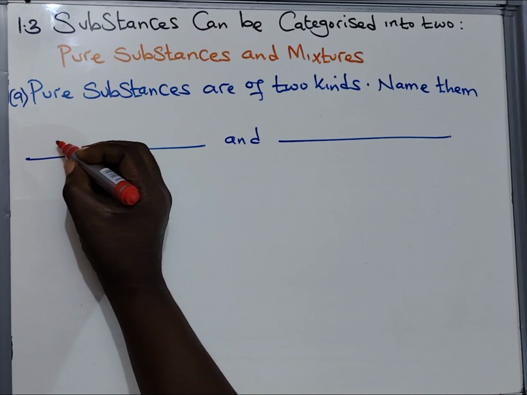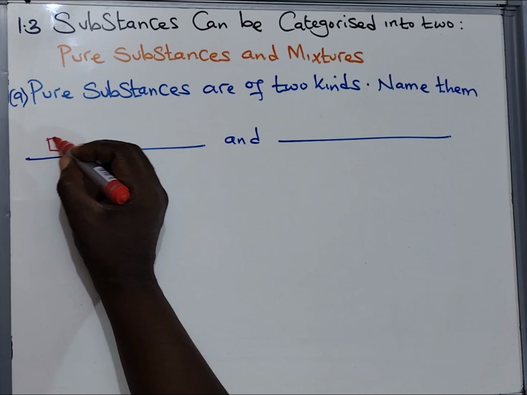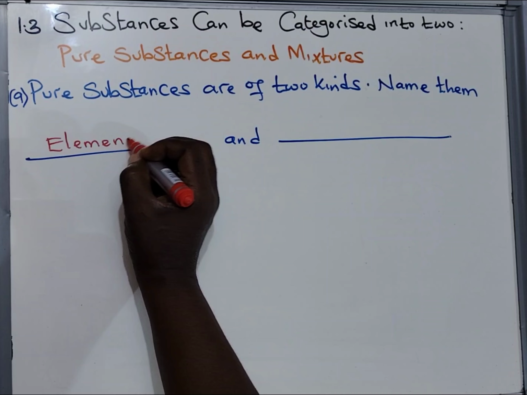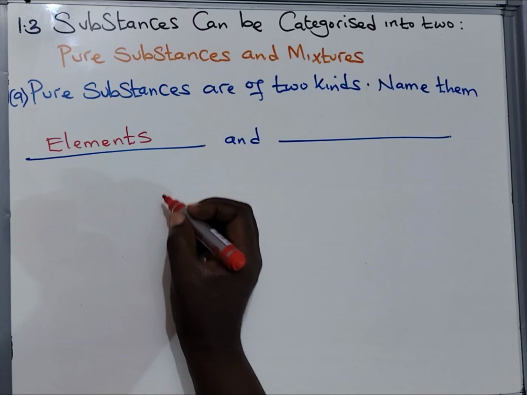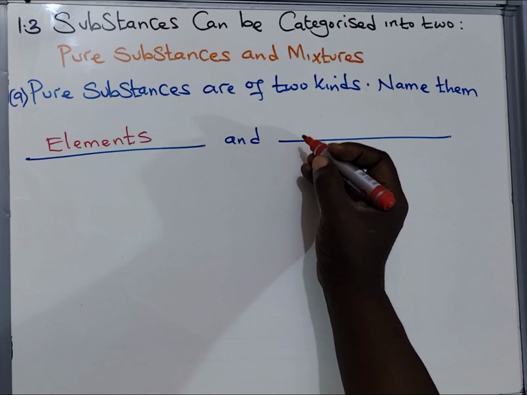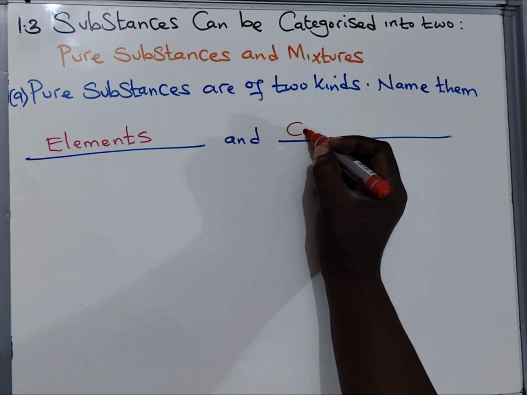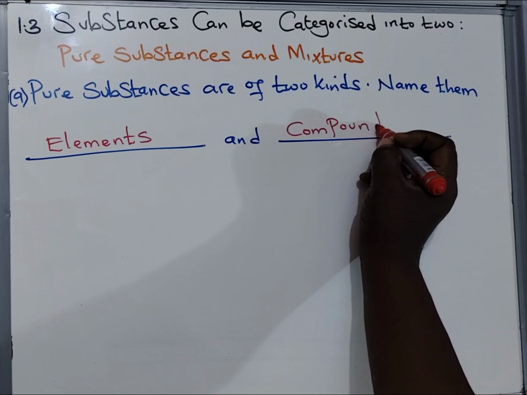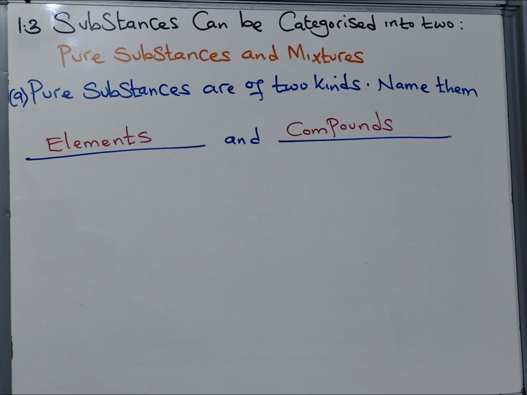The first category is called elements. Elements are pure. And the second category are compounds. So these are the two categories of pure substances.